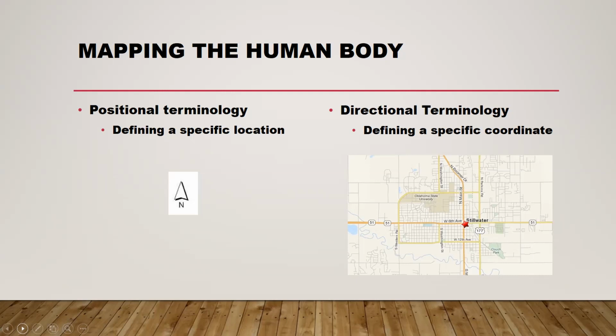So for positional terminology, I want you to think about, it's kind of like north, east, south, west. So the direction, the broad terms, versus directional, it's going to get specific. It's going to be like bullet point, here's the corner of Peoria and 11th Street. Okay, it's very, very specific. You know exactly where you're looking for something.